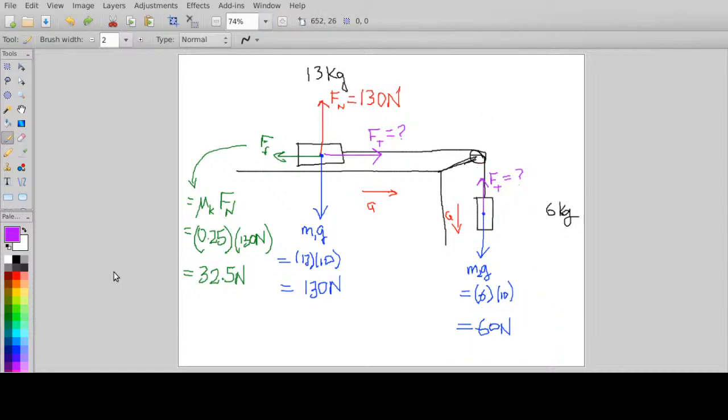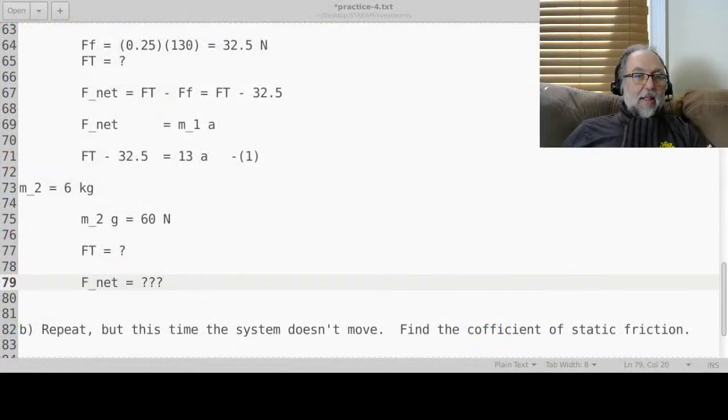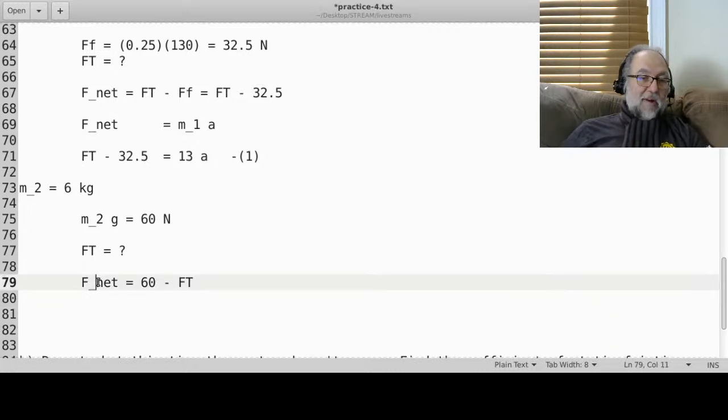Okay, and so we can say that the net force must be the 60 newtons minus whatever the tension is, like that. Okay, so we don't have a number for F net, but that's okay. We didn't have a number up here either. The best we could do for F net is get an expression.